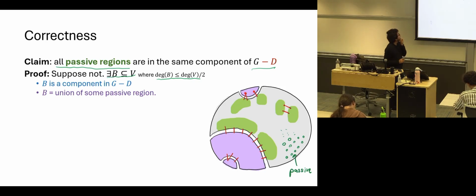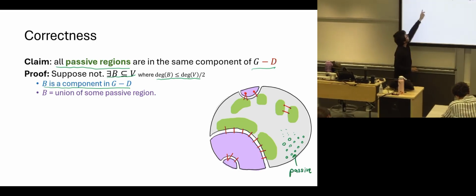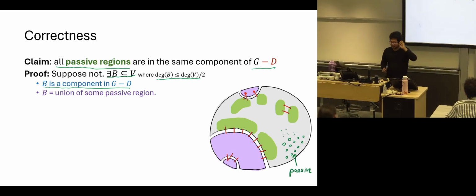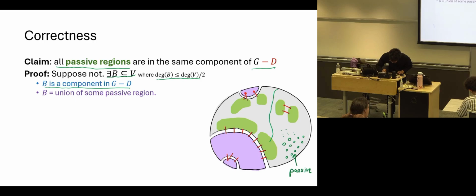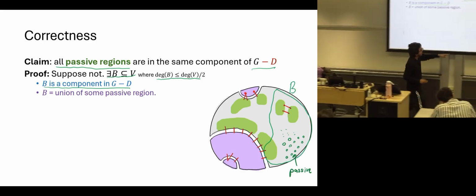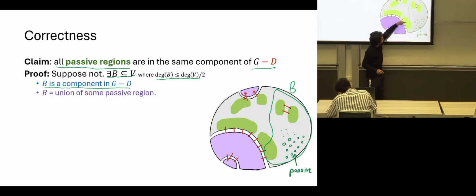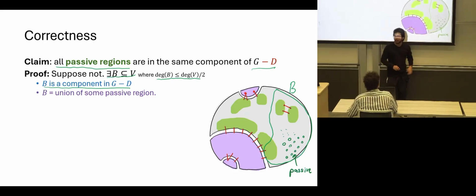So first of all, B is a component in G-D. Also we know that the structure of B needs to look like a union of passive regions. B cannot cross a passive region. Why is that?